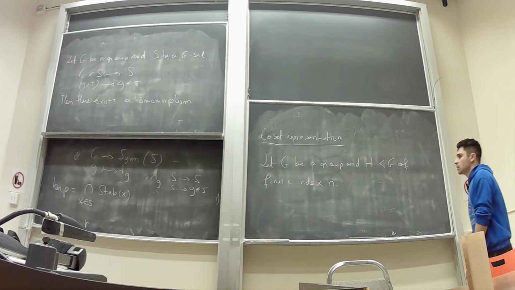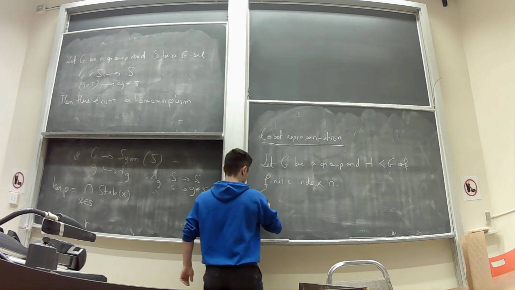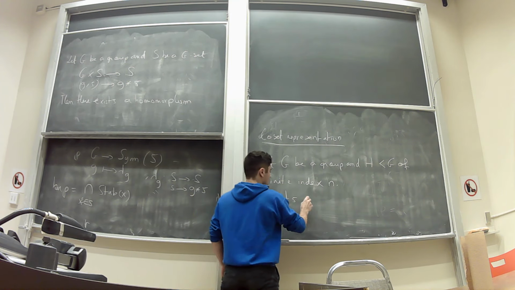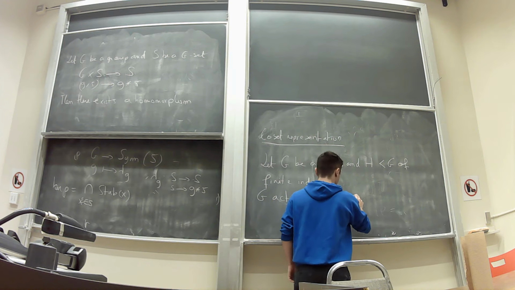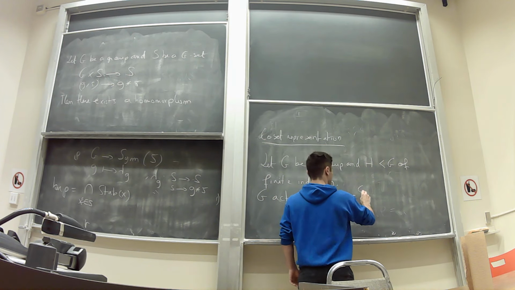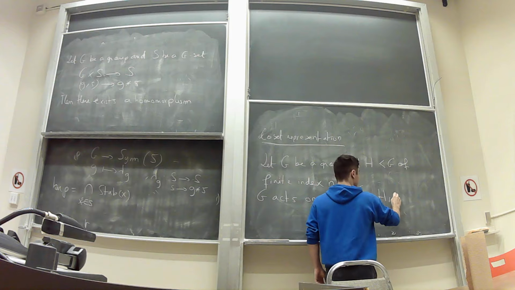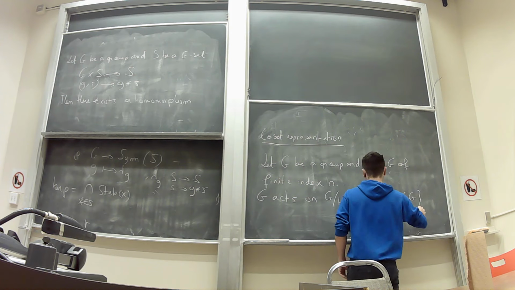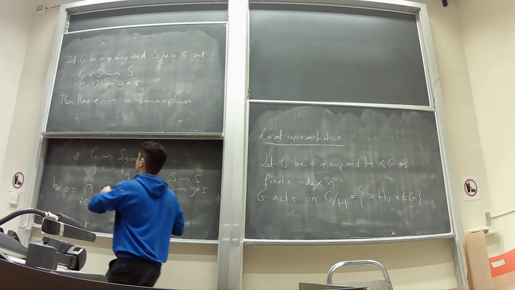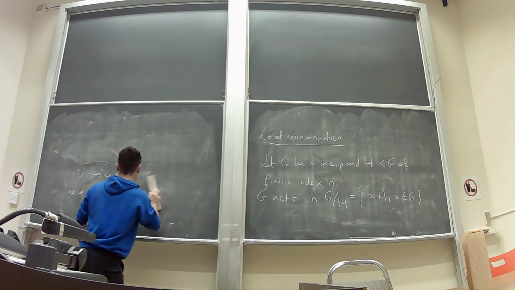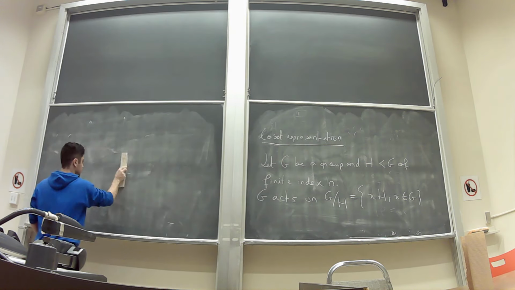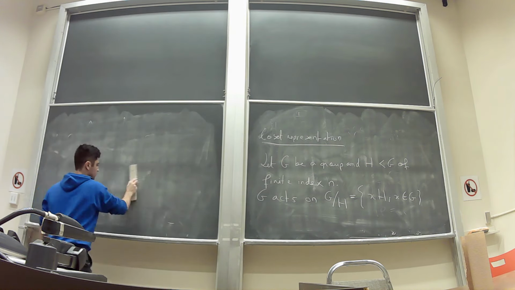Great. G acts on the space of left cosets G mod H, so just xH where x is in G, by the following. This is obviously an action.